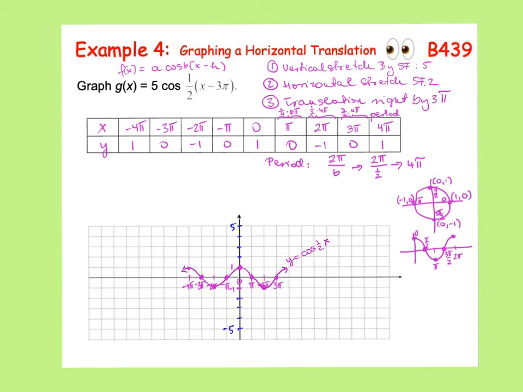When I stretch the graph vertically, every one of the points' y coordinates gets multiplied by 5. So let's go ahead and do that, and then we are going to graph it. So here it is.